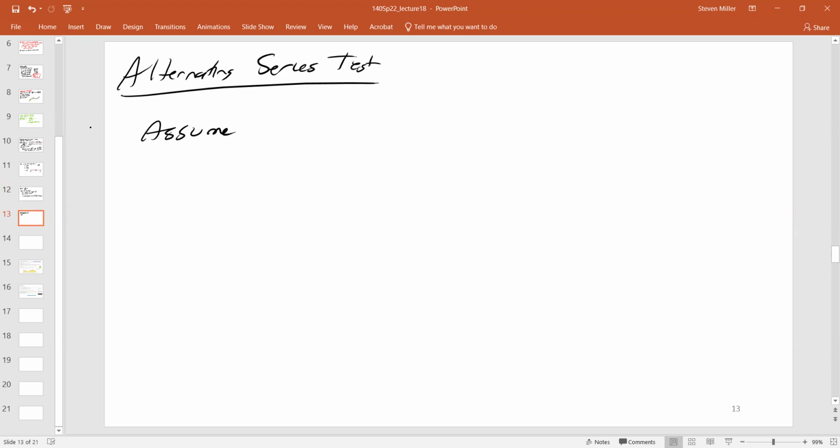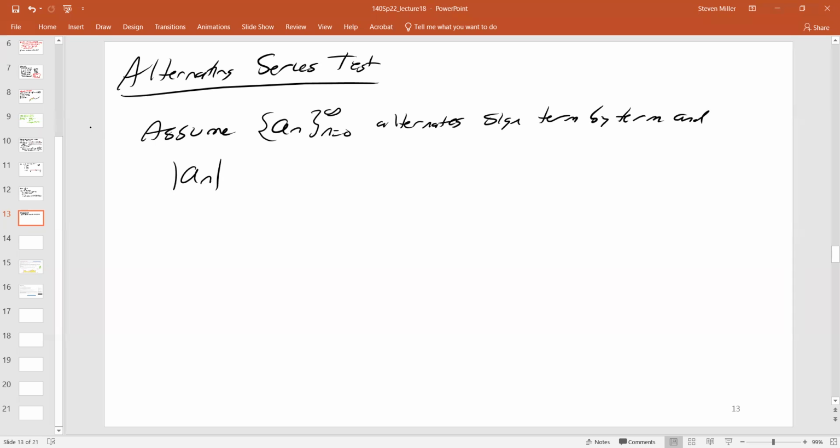Assume the sum of an, n goes from 0 to infinity, alternates sign term by term, and an is always greater than or equal to an plus 1, and the sum converges.